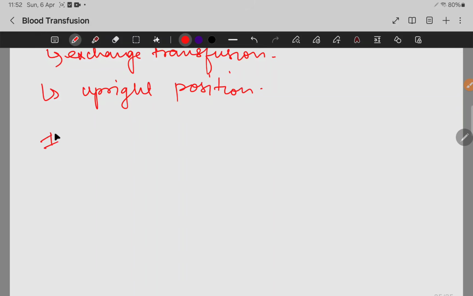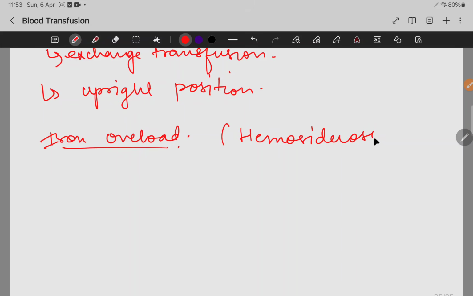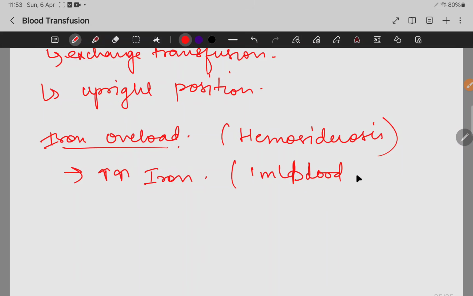Next is iron overload, or hemosiderosis. Due to frequent, repeated transfusion of blood, iron increases in the body. 1 ml of blood contains 1 milligram of iron.